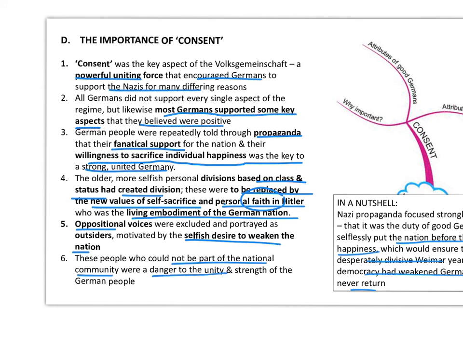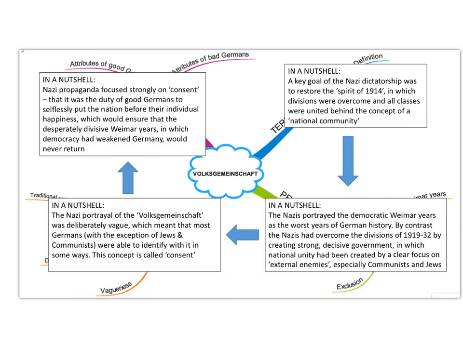They were a danger. So yes, fundamentally Jews and communists, but anybody who spoke out suddenly was branded as being outside. Even cracking a joke about Hitler could expose yourself to being branded as being outside of the national community, the people's community.